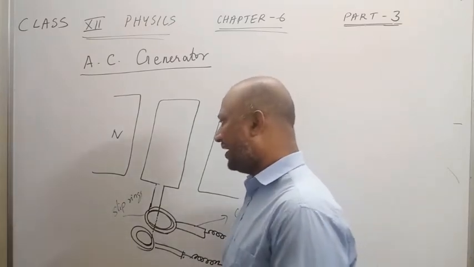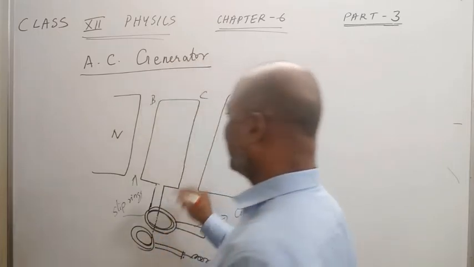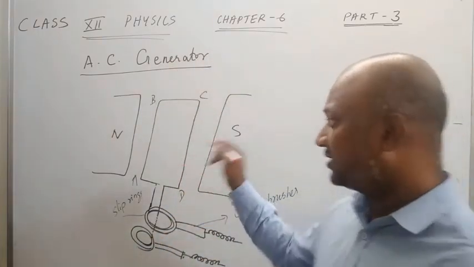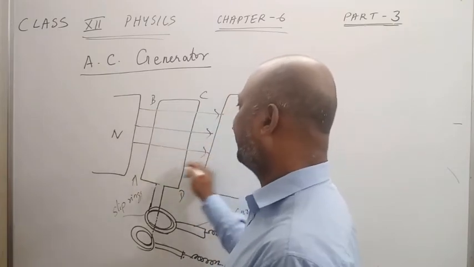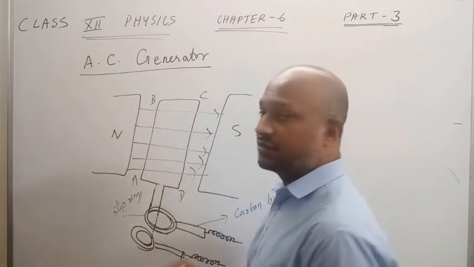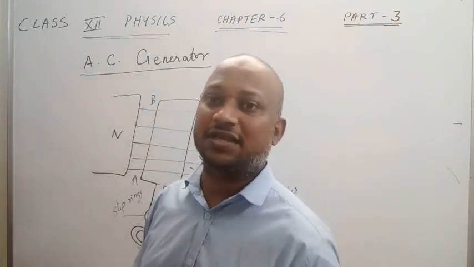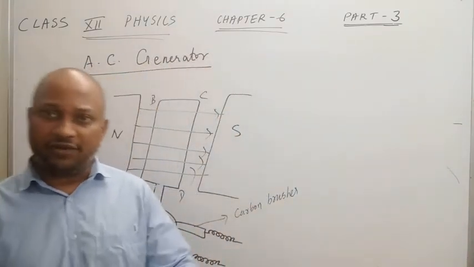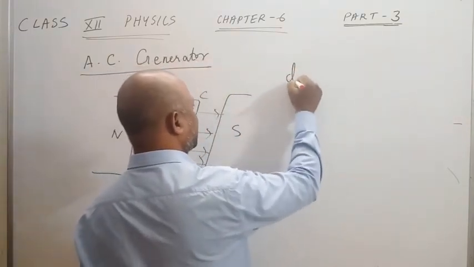So when you are rotating this coil ABCD, what happens in this coil when it is placed in a strong magnetic field, north to south pole? There is a magnetic field existing here. So a coil which is placed in a magnetic field, when it is rotated, what happens with the flux?